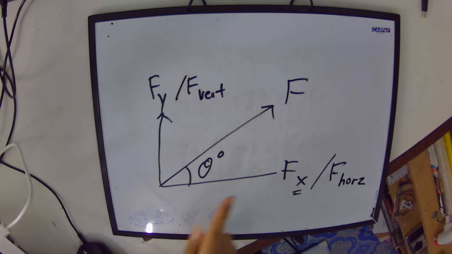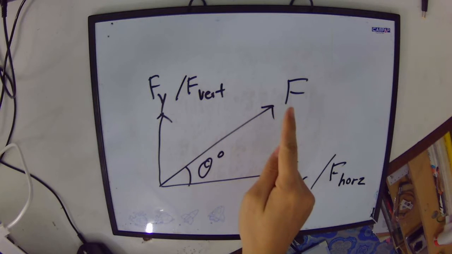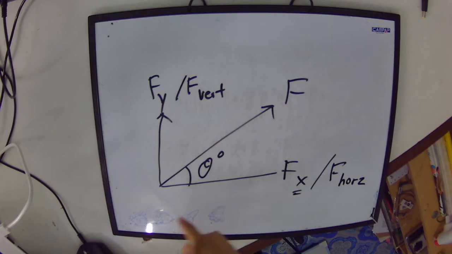You begin with just one line, and then you add the other two lines, and this should be 90 degrees. For what we are learning, we will only be learning questions that involve perpendicular angles for the horizontal and vertical force.